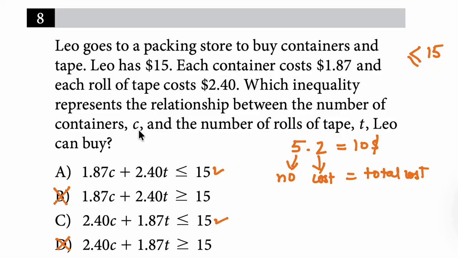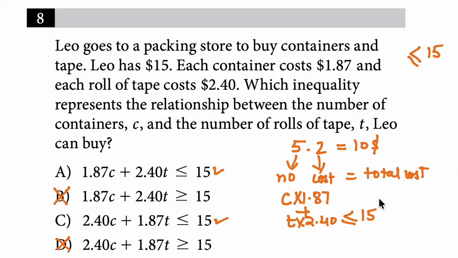This we have to find. So if there are C containers and the cost of one container is this, right? C times this, and the other item he is going to buy is rolls of tape. So again, number of tapes, and this is the cost of one tape. So this total should be less than or equal to 15 because he has a total of $15, right?